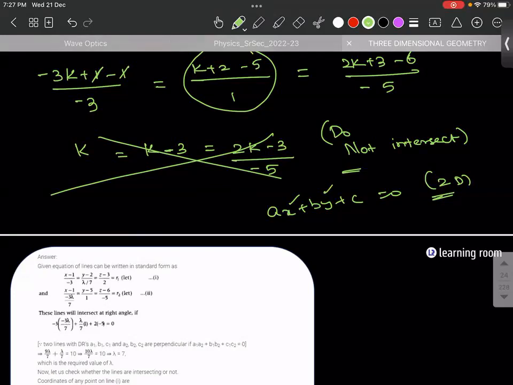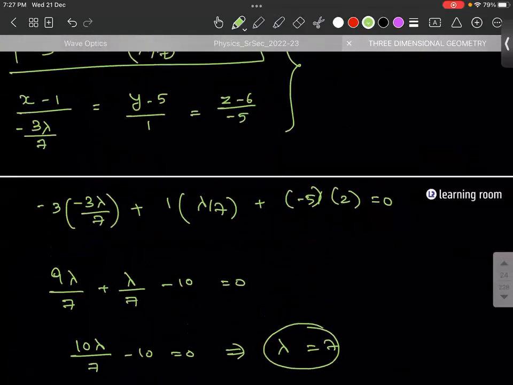Sir, can we also say the shortest distance is 0? You found the shortest distance, sir? Sir, it's not there, but the box product is 0. See, first of all, you will need to find whether they are skew lines or not. Of course, they are skew lines.